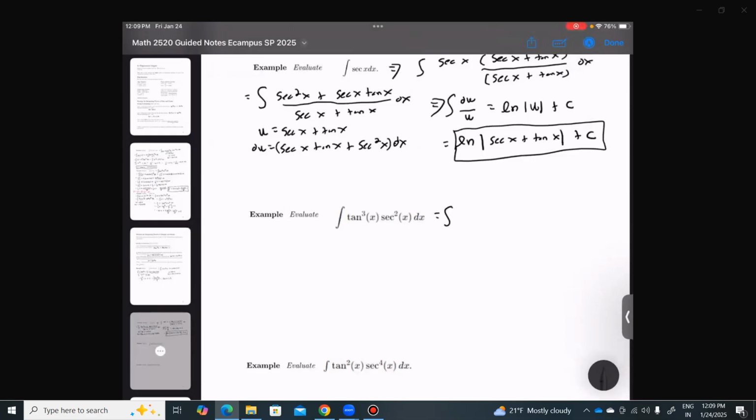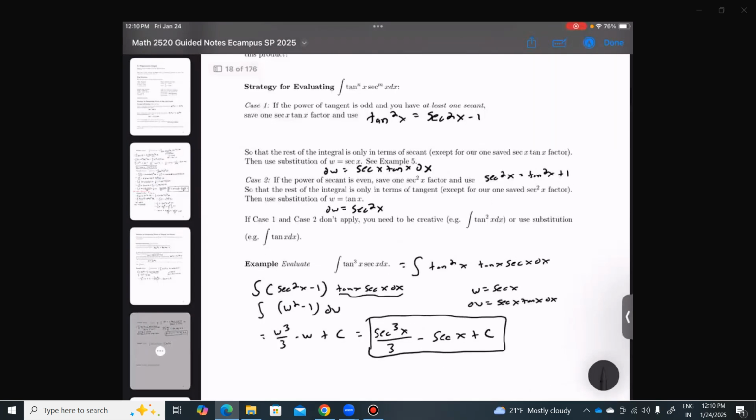So we'll have the integral of tangent squared and actually, hold on, let me see something important.